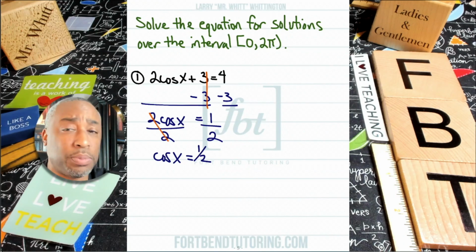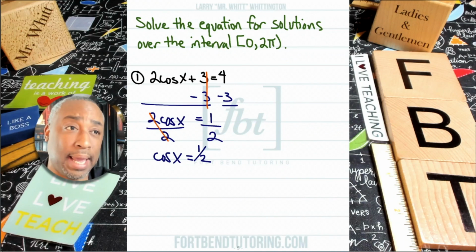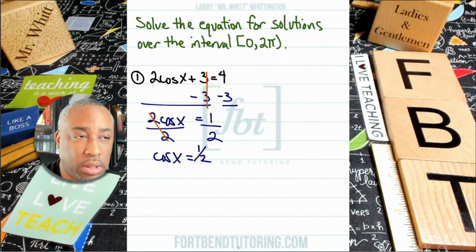Since our possible solutions are going to be within the unit circle, meaning from 0 radians all the way up to 2 pi radians, we need to identify any angle whose cosine gives a result of 1/2. This is what we're looking for. Next, I'll be using the inverse functions to isolate the variable.